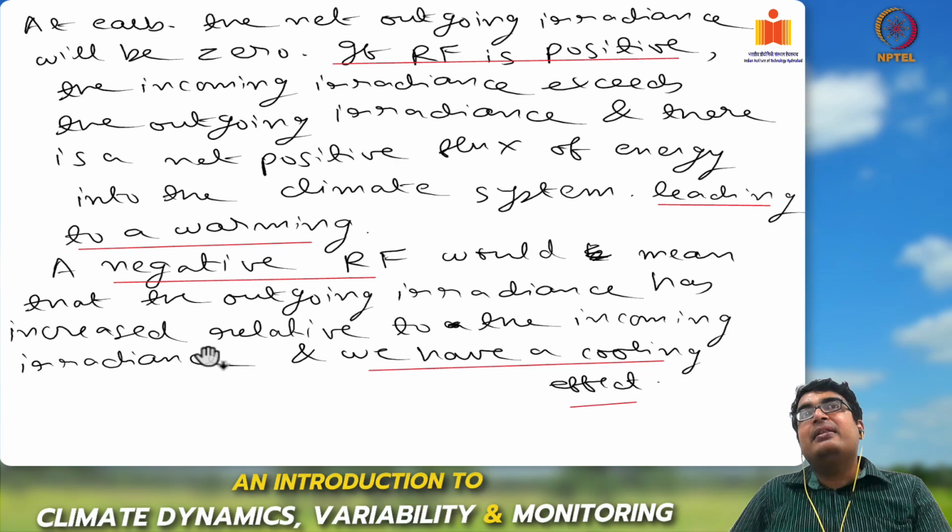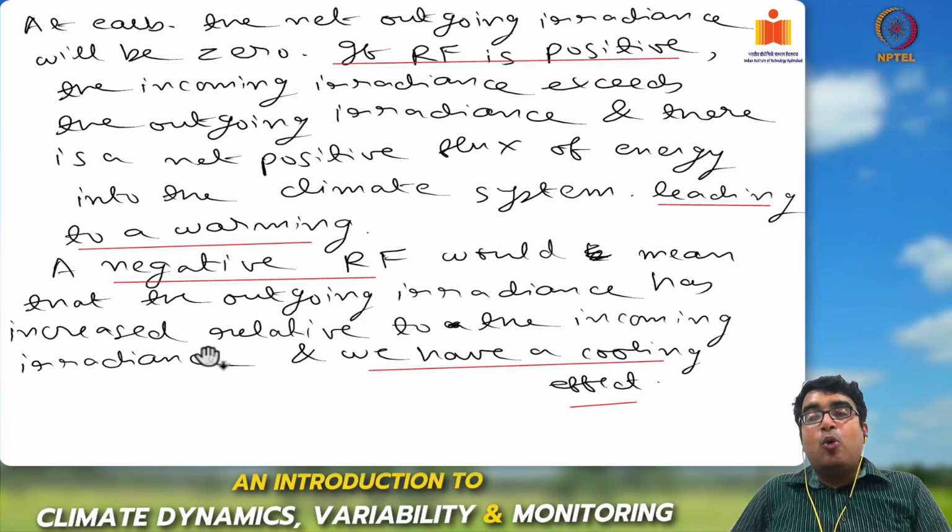So the net thermal energy coming into the Earth system must be equal to the net thermal energy going out of the Earth system. Therefore, the outgoing longwave radiation must equal the incoming shortwave radiation that is being absorbed from the sun. Energy balance must hold because there is no energy either accumulated or being lost in the Earth system.